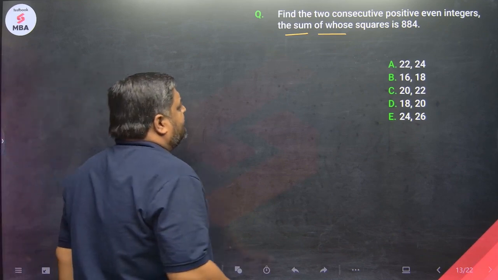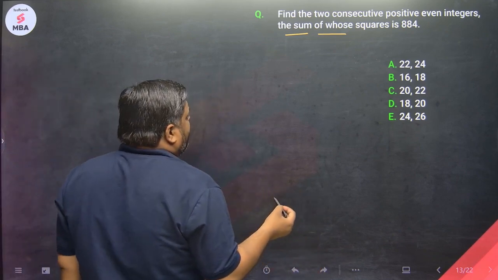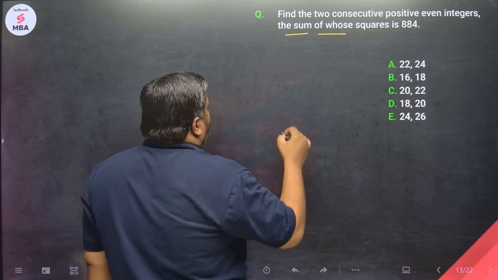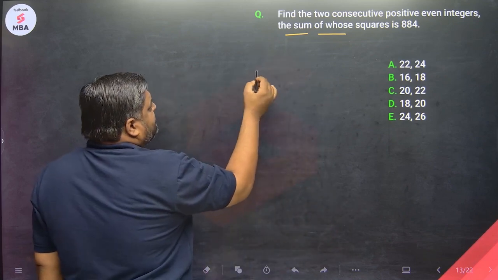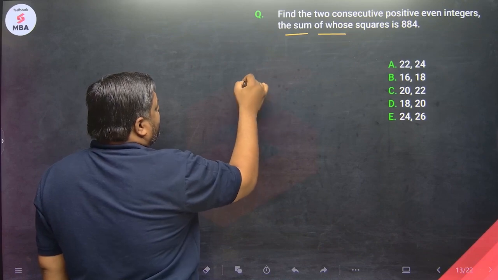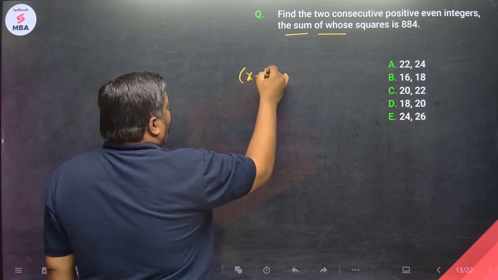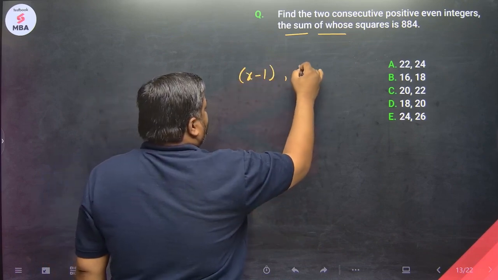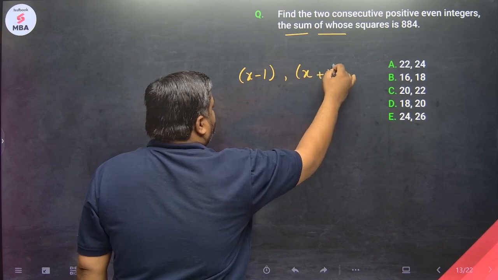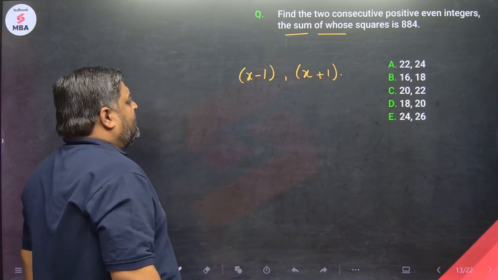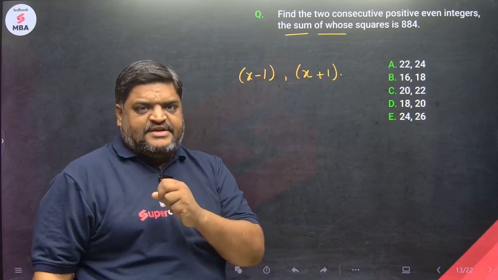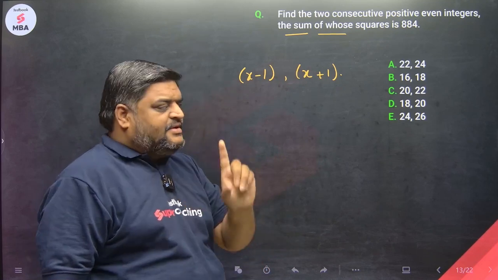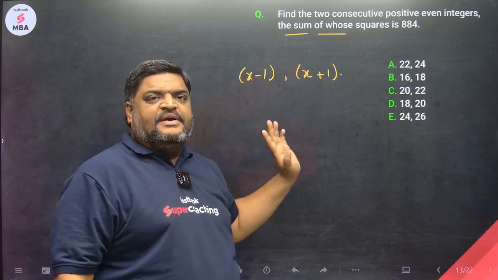Okay. अच्छा, to reduce the pain, what we would do, we will assume the first even integer and second even integer to be x minus 1 and x plus 1. क्यों? देखो इसमें क्या होगा ना कि we are looking for the square of the even integer, right? We are looking for square. तो अल्टीमेटली हमें इनको स्क्वायर करना पड़ेगा.